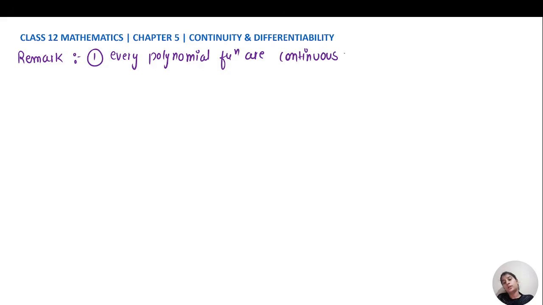Okay, remarks. The first one is very important: every polynomial function is continuous in its given domain.